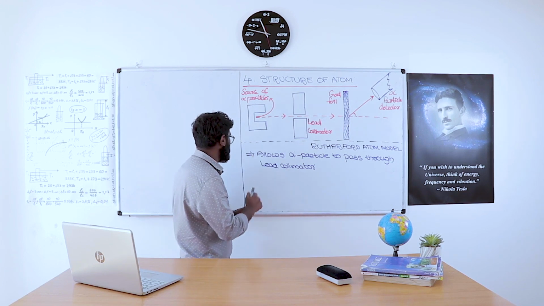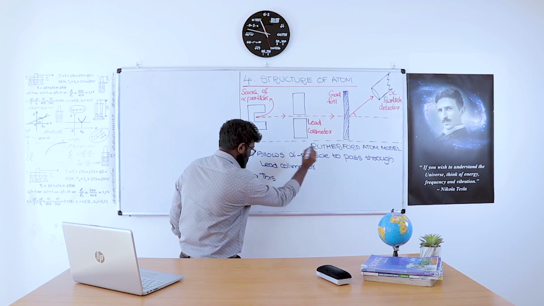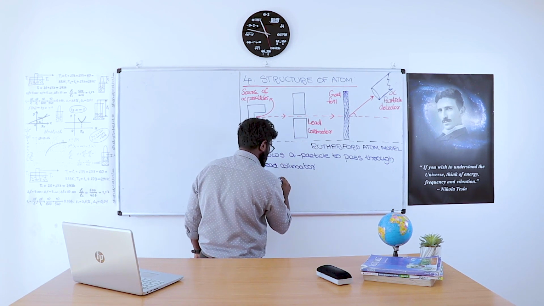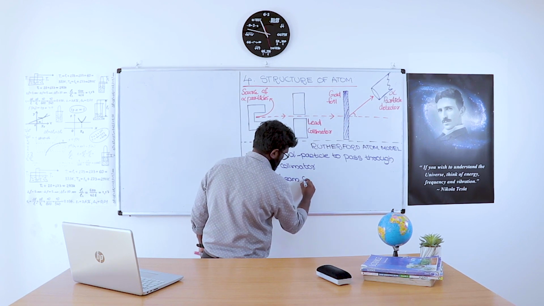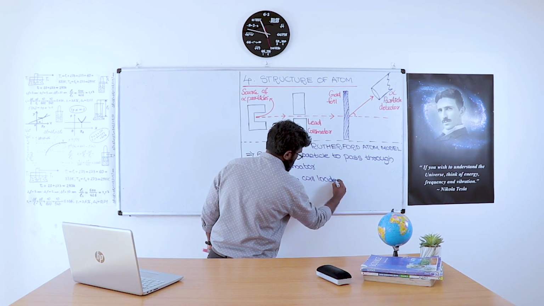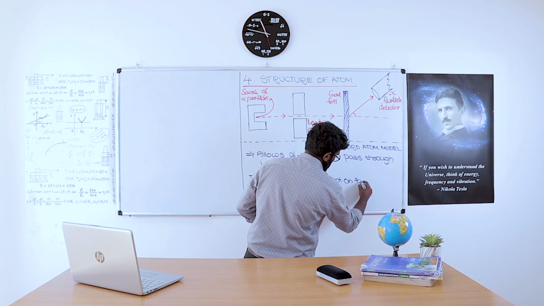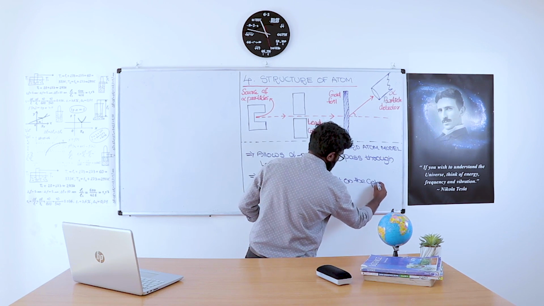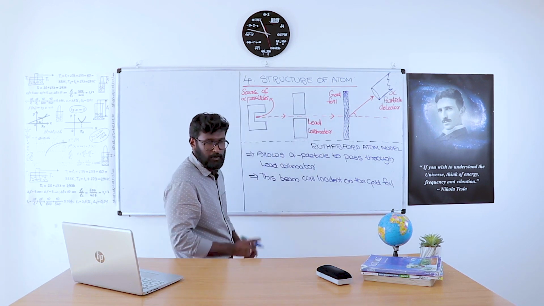Then this beam or ray will be incident on the gold foil. The thickness of the gold foil is very small.